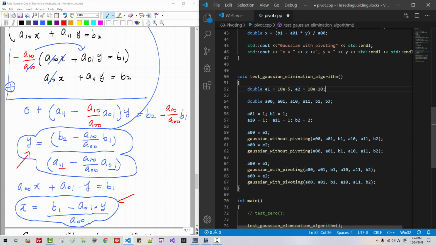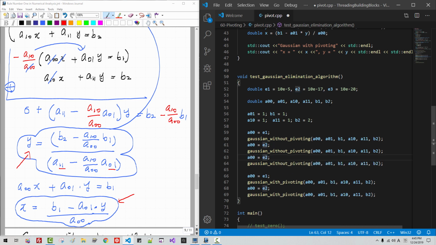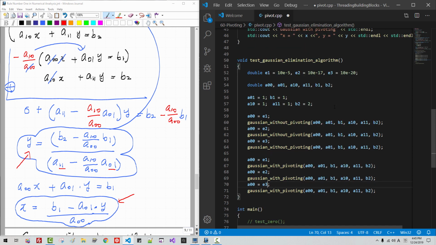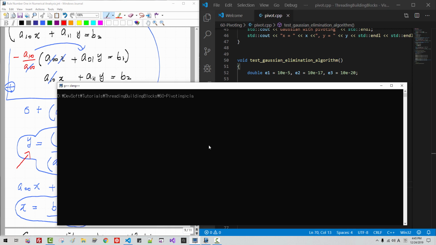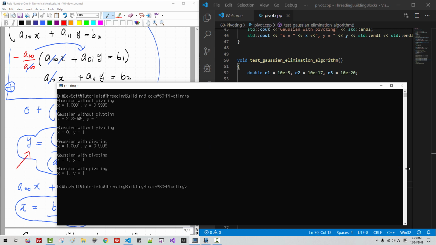I will add one more here, modifying it to 10e minus 20, and it should be E3 or epsilon 3. Now in the command prompt, clang++ pivot.cpp, hit enter. CLS. Now let's compare.